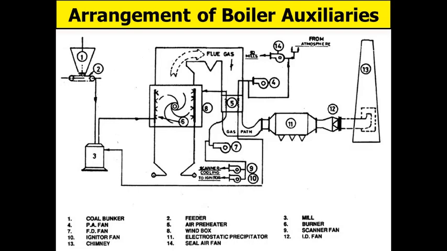All these fans are supplying air which is necessary for initiation of combustion and ensuring completion of combustion. Certain amount of excess air is also provided so that complete combustion can be ensured and there is no heat value lost with the unburnt fuel.